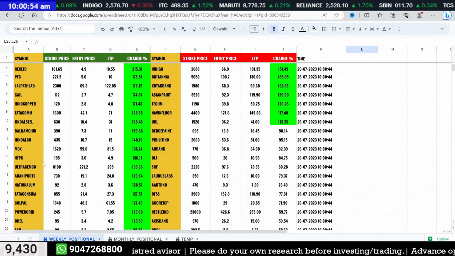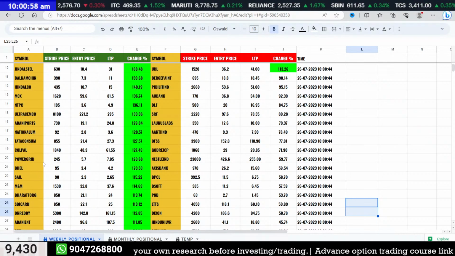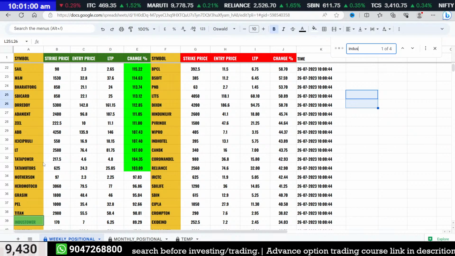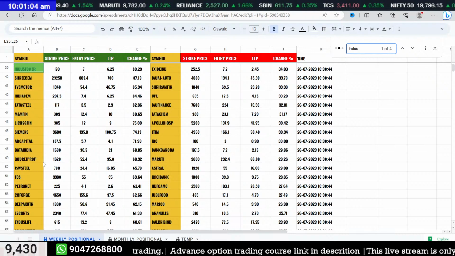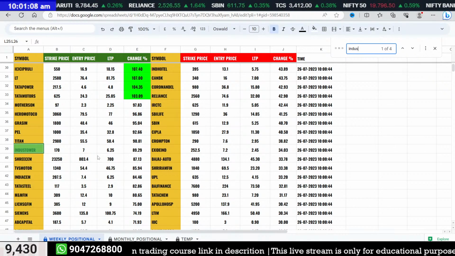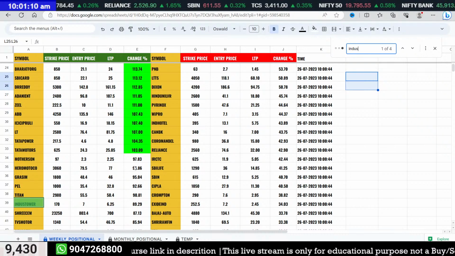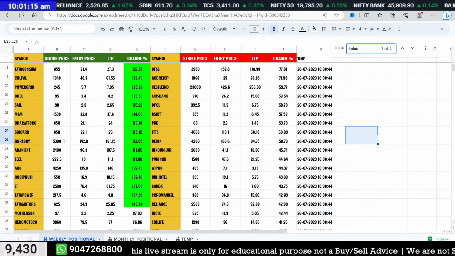I think I saw it in this scanner, but it's not updated. 170. Okay, 170. RBL Bank is in the screener.